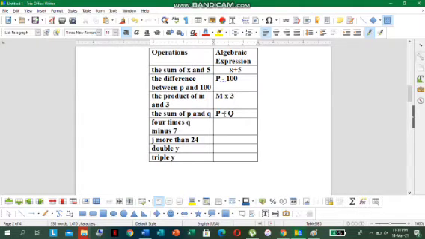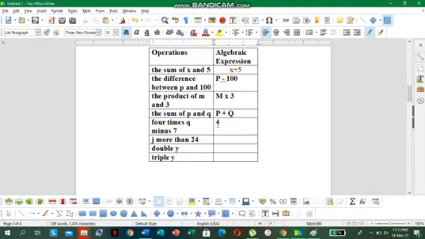For the next one now, 4 times q minus 7. Earlier we said that when you have a constant and a variable coming together, it means multiplication, right? So the expression for this would be 4q.